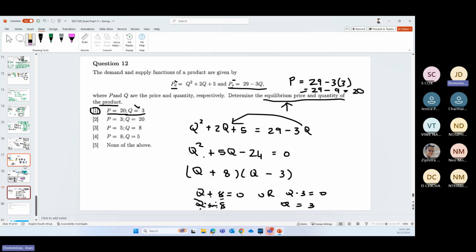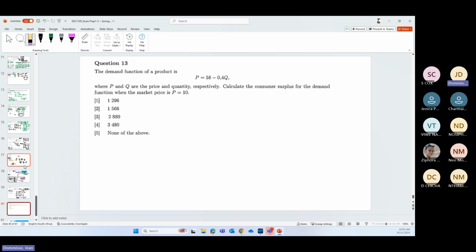So here we had specifically demand and supply. Now they go on and say, okay, a demand function of a product is P is equal to 58 minus 0.4Q, where P and Q are price and quantity respectively.